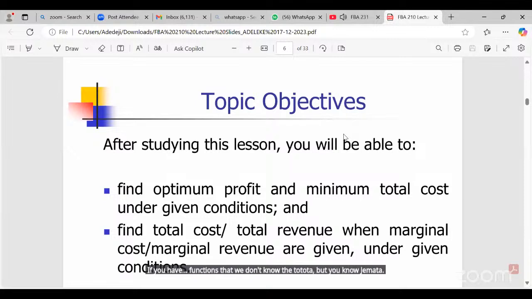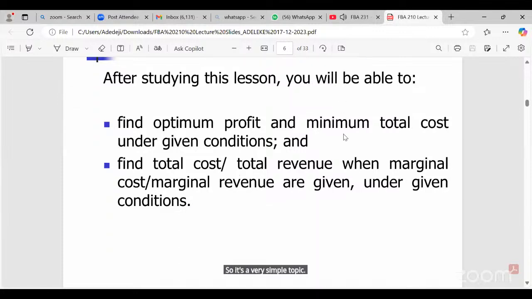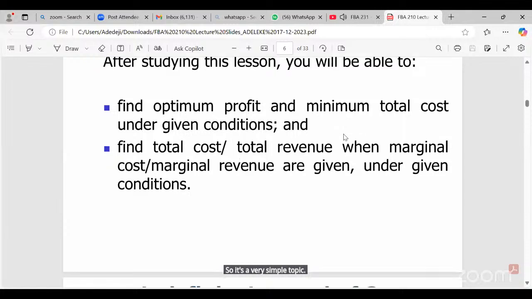Also, if you have a function that gives you an idea of the average, how do you get the marginal? We'll be looking at that in this particular topic. It's a very simple topic, and it's an application of what we have learned earlier.